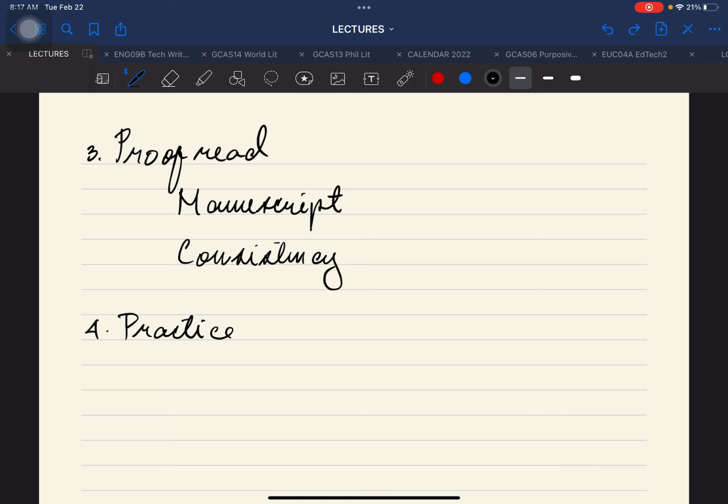Because during defense, especially if you are not a native speaker of the language required of you, you'll be having a hard time verbalizing your thoughts. So when you practice, you'd be able to master this skill of presenting your defense, especially in the use of language. Aside from having knowledge of the content of your manuscript, you also need to practice the use of language.